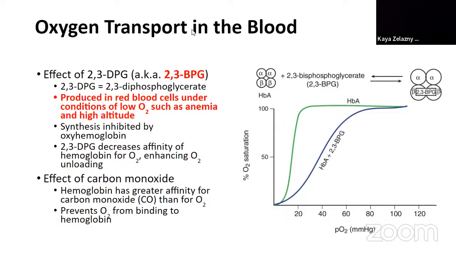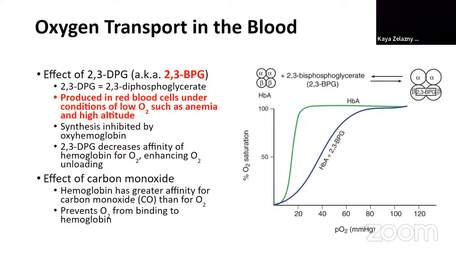So the next is the effect of 2,3-DPG or 2,3-BPG on this curve. Don't worry too much about the specific names. This is a lot of words, but we're going to go for the high view concept here. Basically, your body produces this molecule 2,3-BPG when there are low oxygen environments, right?